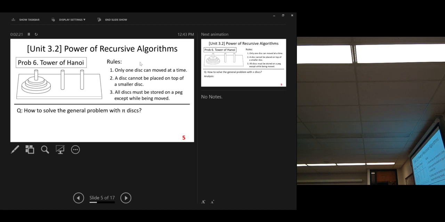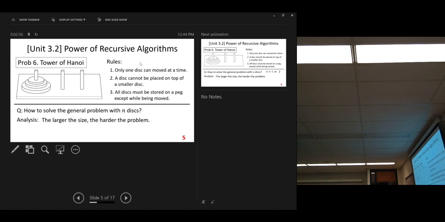For this problem, we want to solve the general problem for n disks, not just 3. Although in the picture we see 3 here, our problem is to solve for any number n. So you can see it is much harder, especially when n is large. Analysis: the larger the size, the harder the problem.